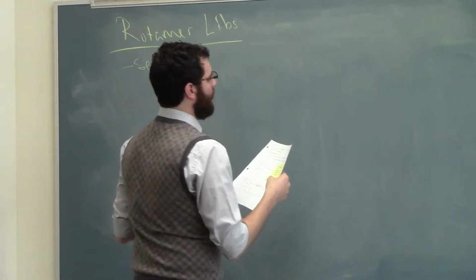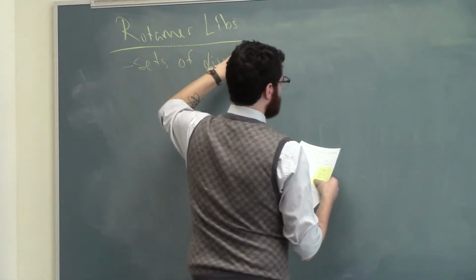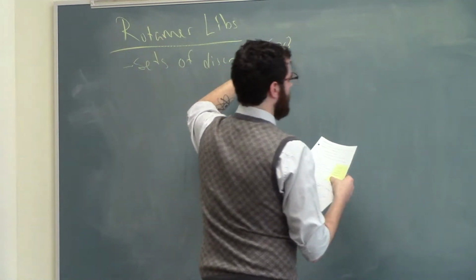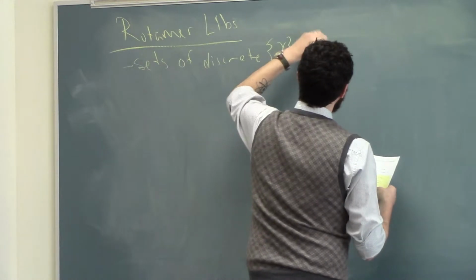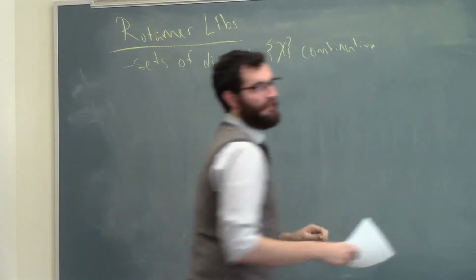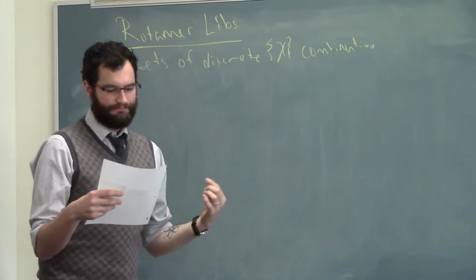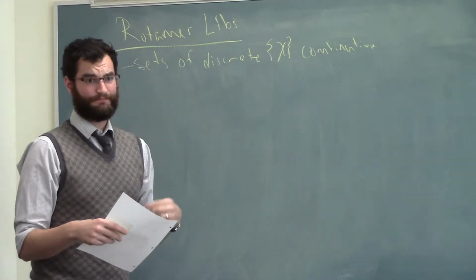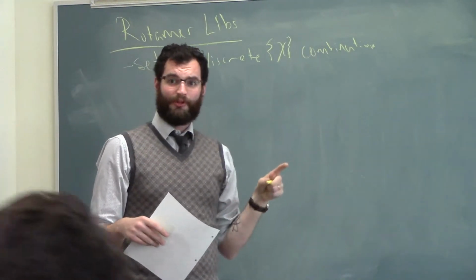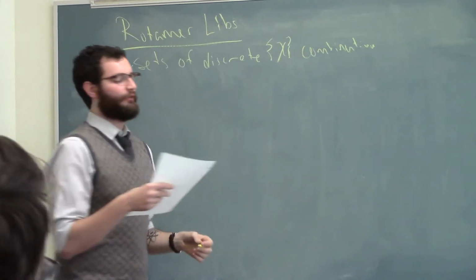Rotamer libraries are sets of discrete chi combinations that are going to define a limited but energetically complete set of sidechain conformations. So it's going to be a much smaller space than every 40 degrees sampling, but it should have everything in it that is energetically favorable.